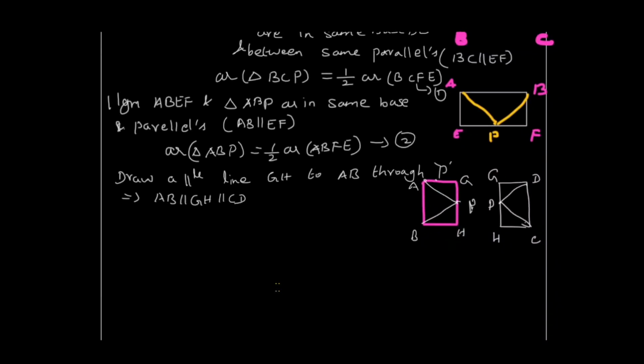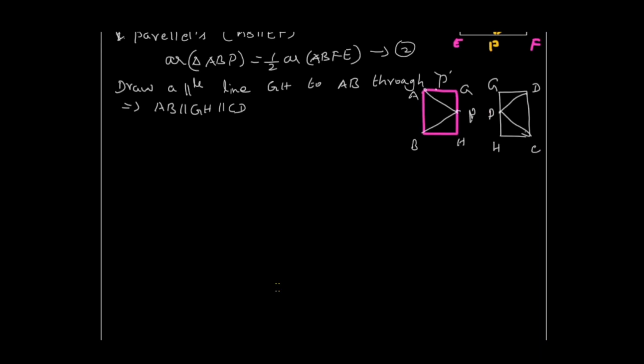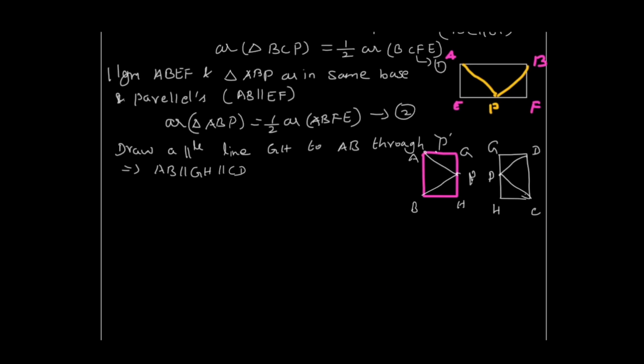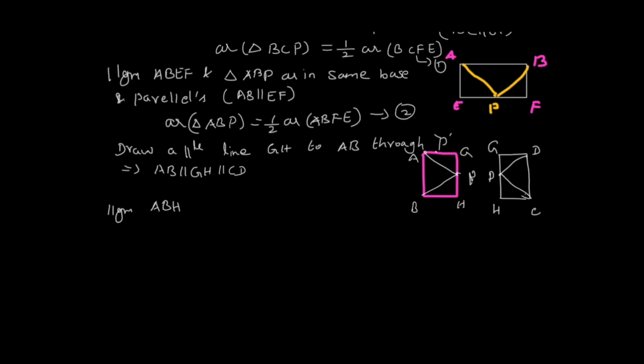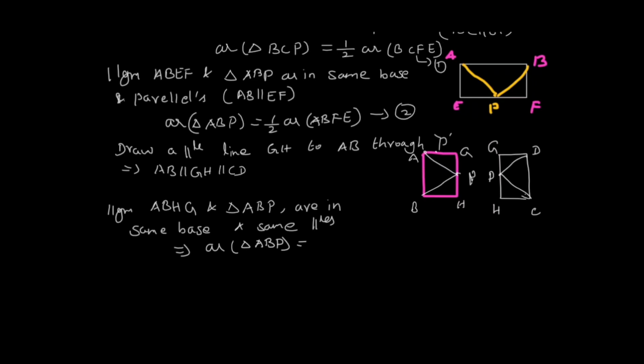Same concept, triangles and the rectangle, when we are comparing that, parallelogram ABHG and triangle ABP are on the same base and the same parallels. That implies the area of triangle ABP is equal to half of the area of parallelogram ABHG.